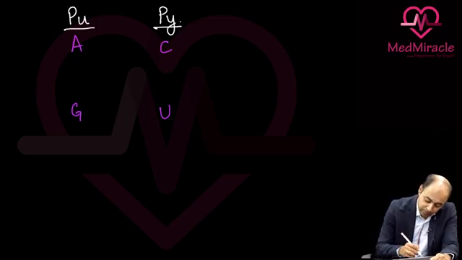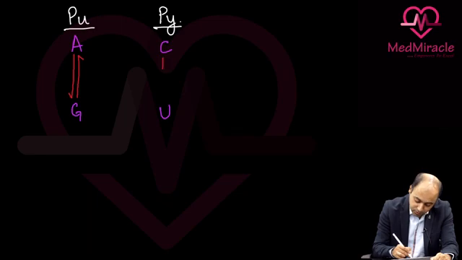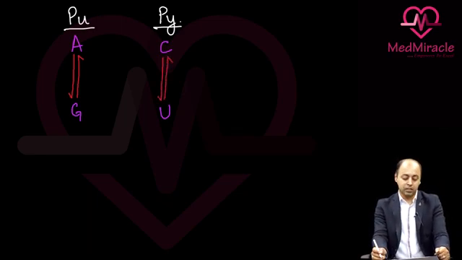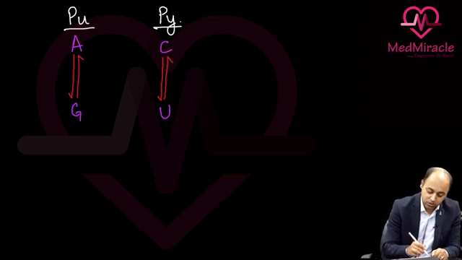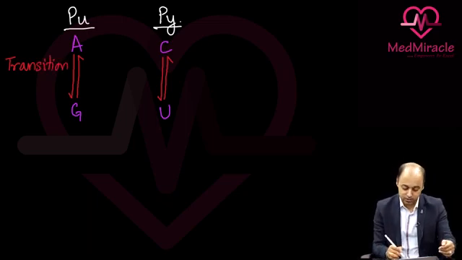Now, if I replace adenine by guanine or guanine by adenine, meaning purine by another purine, or if I replace cytosine by uracil, uracil by cytosine, a pyrimidine by another pyrimidine, this change will be known as transition.